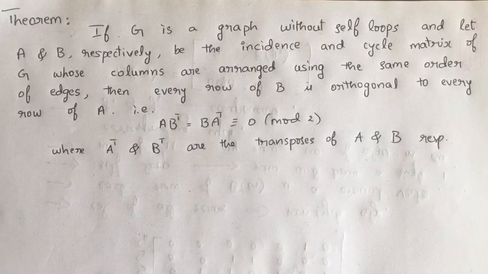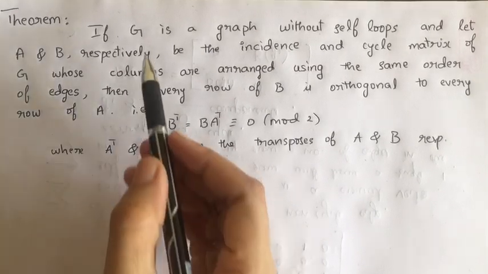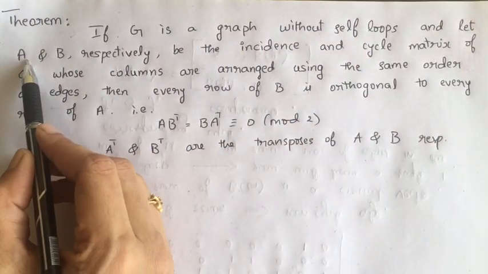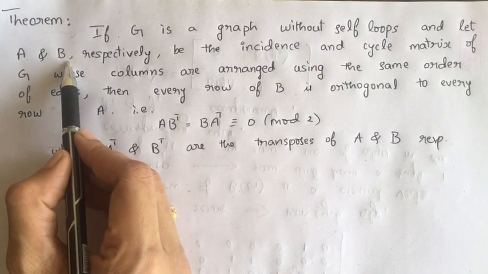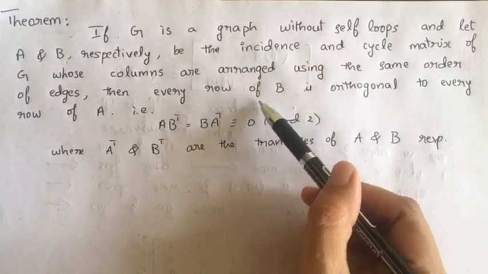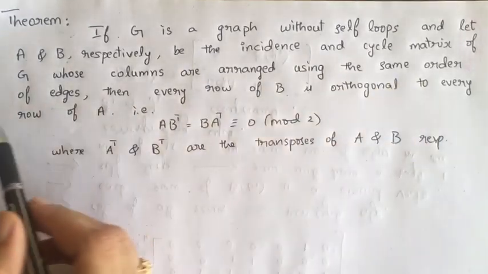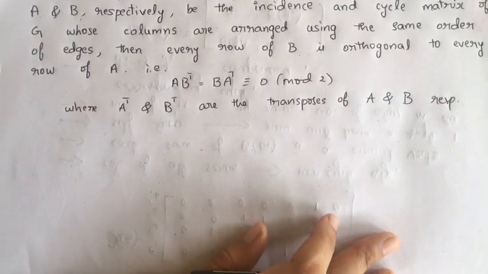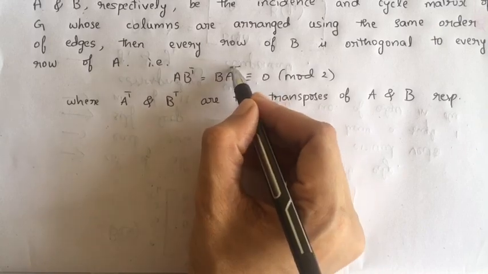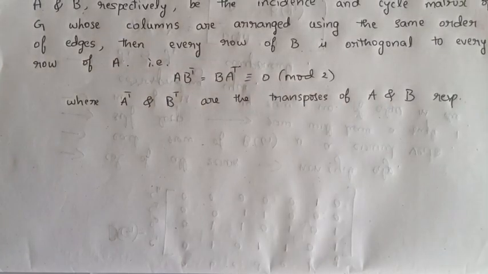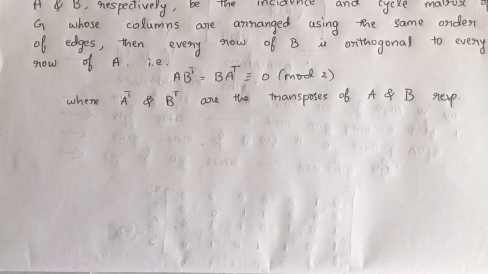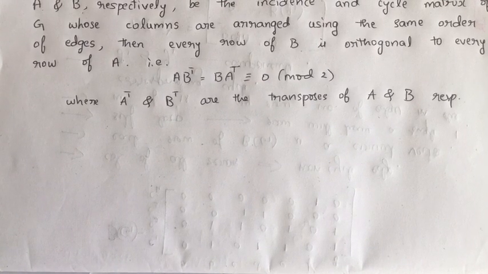So let us prove a theorem which states: if I have a graph G which does not have any self loops, and matrix A represents the incidence matrix and B represents the cycle matrix, then every row of B is orthogonal to every row of A. In other words, A times B transpose is equal to B times A transpose, which is equal to 0 mod 2, where B transpose and A transpose are the transposes of matrix B and matrix A. So let us prove this.